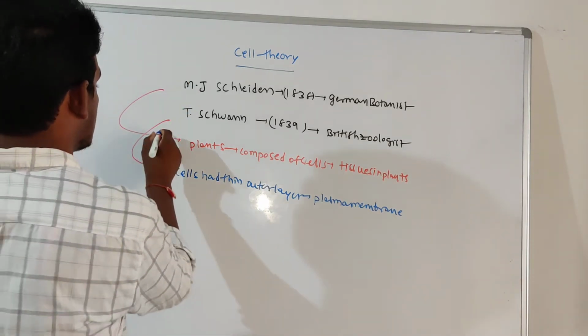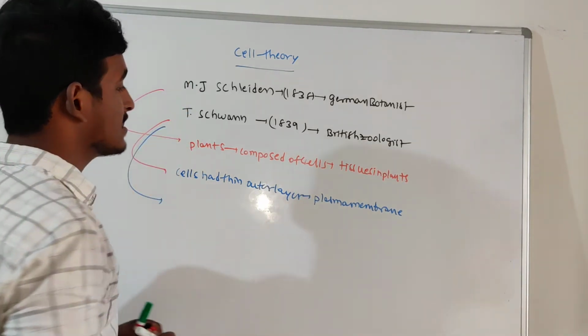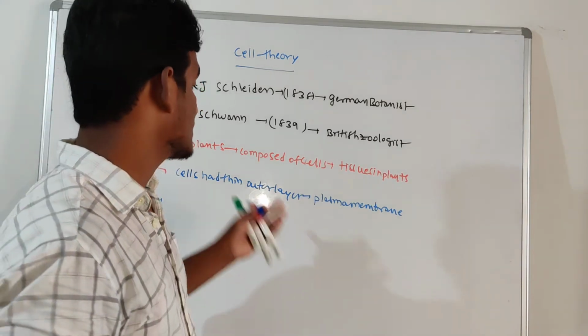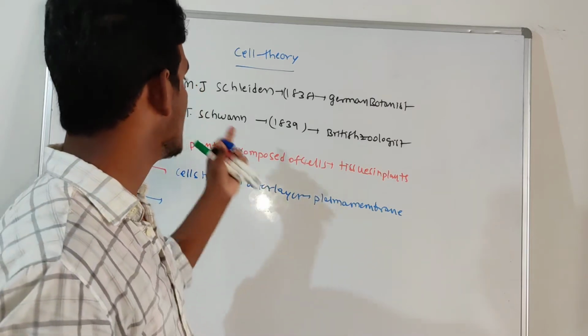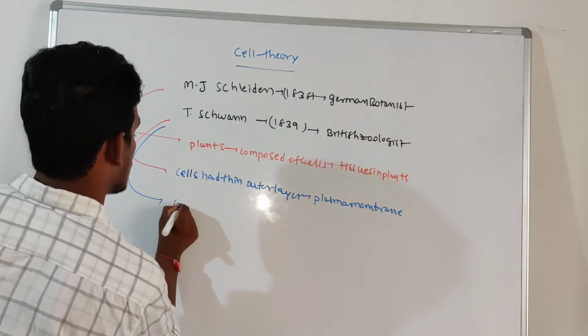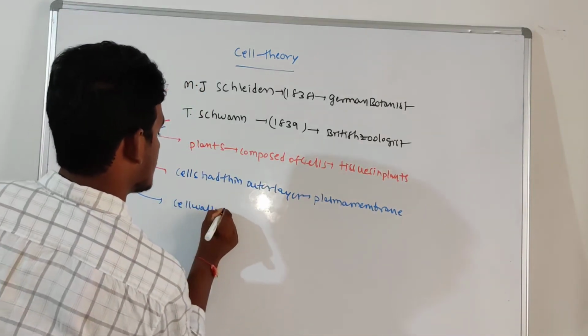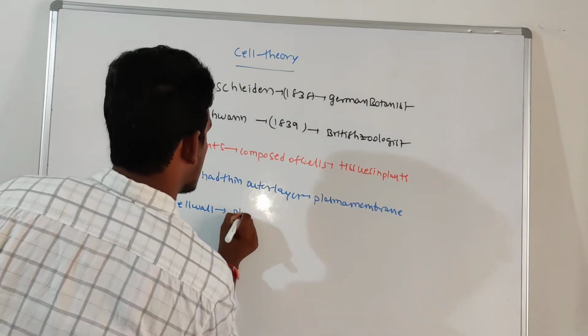Along with this, he also gave some other information. Cell wall is a characteristic feature of plant cells. That information was also given by Schwann.